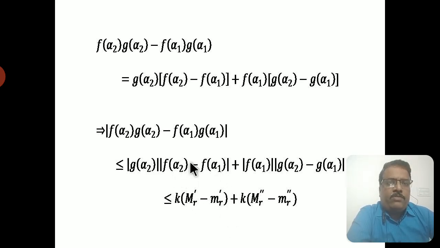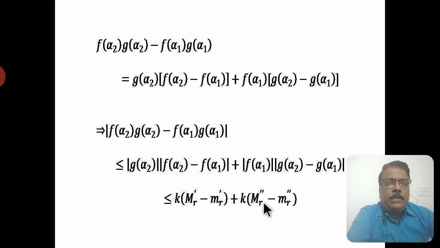So therefore f of alpha 2 becomes capital M dash and f of alpha 1 becomes small m dash, because they are the upper and lower bounds of the function f. Then plus, similarly the function f is also bounded, so therefore its absolute value is less than or equal to k. So I have replaced this by k into, now here, g of alpha 2 minus g of alpha 1.